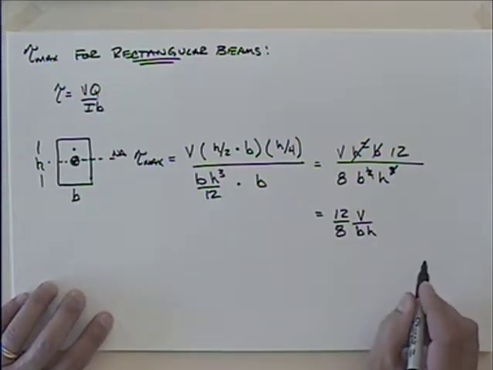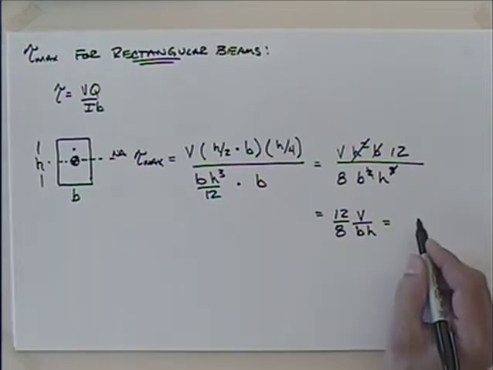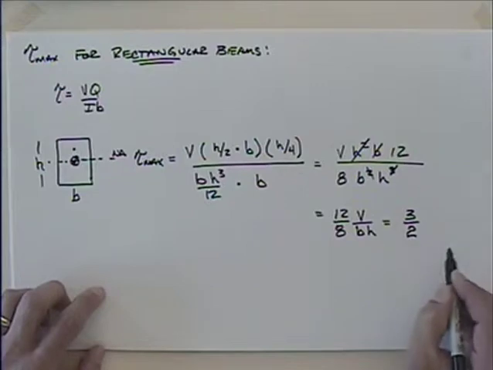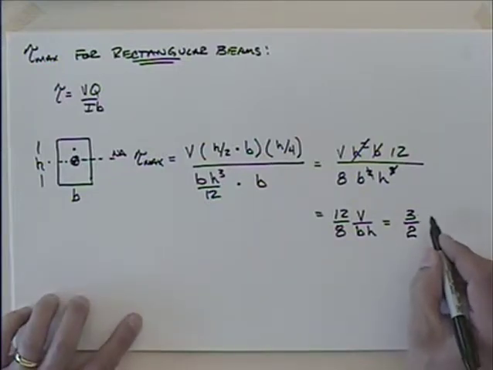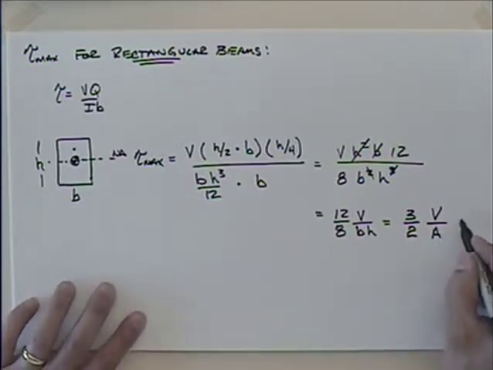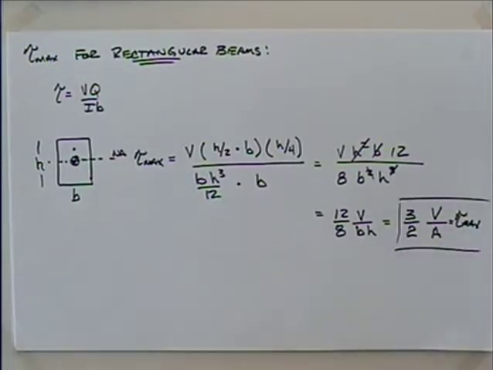Do we have another way of expressing B times H? Yeah, it's the area. So I could just say that this was 3 halves. That's a nicer way of saying 12 eighths. 3 halves V divided by A. So that's a quick way of getting tau max, which is probably oftentimes what we're interested in for a rectangular beam.